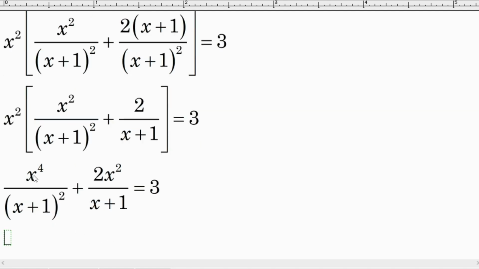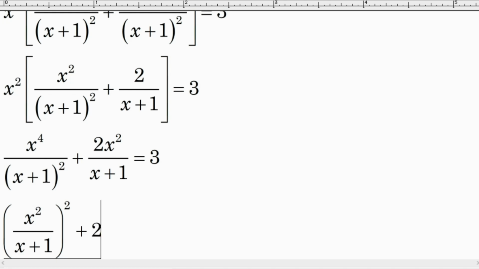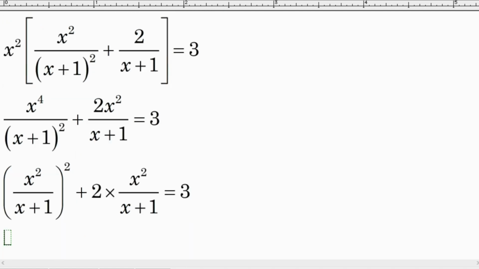Here x to the power 4 over (x plus 1) squared can be written as (x squared over (x plus 1)) all squared, plus 2 times x squared over (x plus 1), equal to 3.